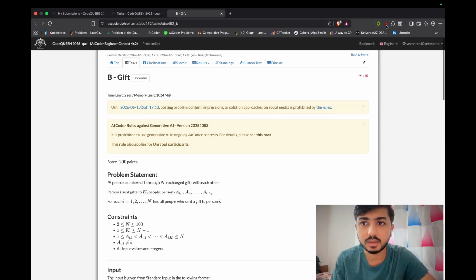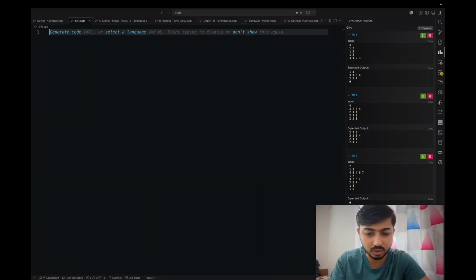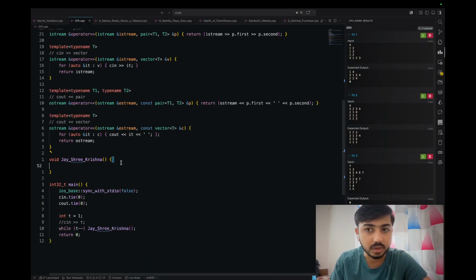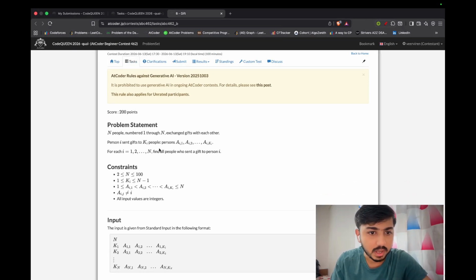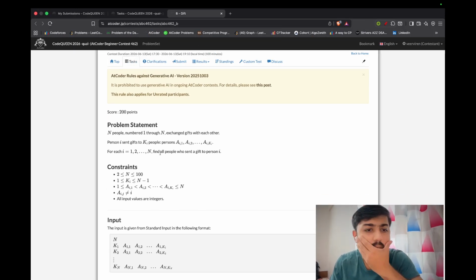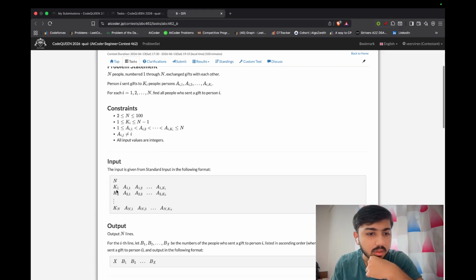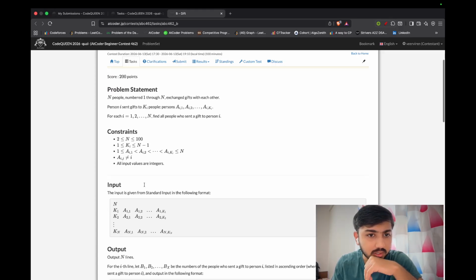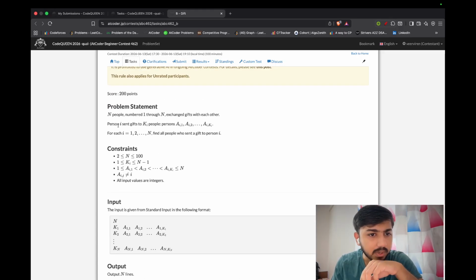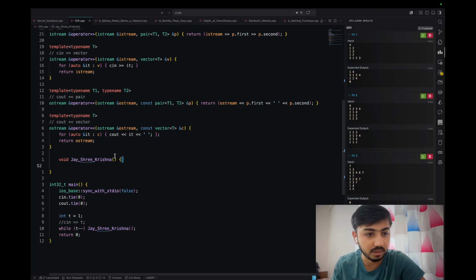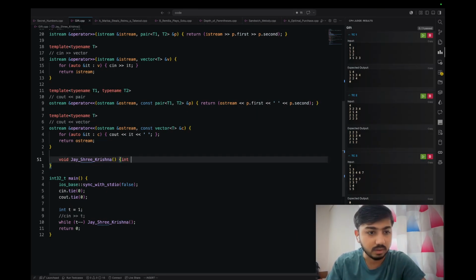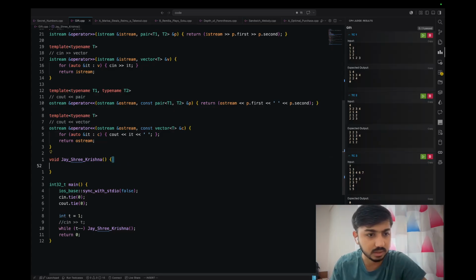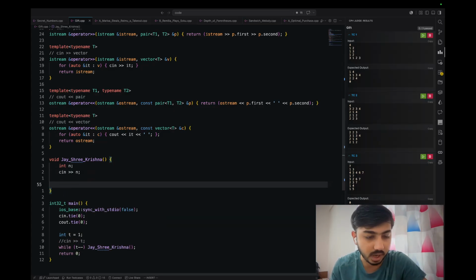and okay, so we have to maintain a data structure. Firstly, we have N, then we have N lines like person i sends. So each person, how many gifts it will send. Now we have to maintain a data structure.